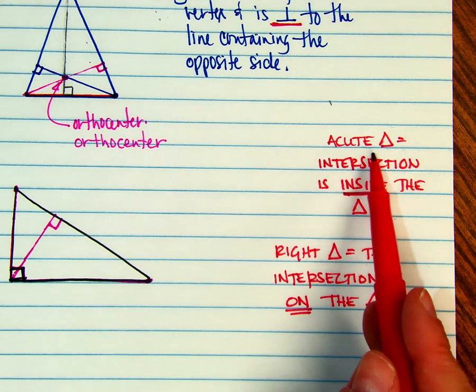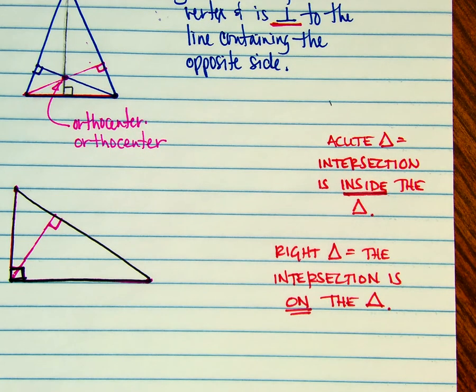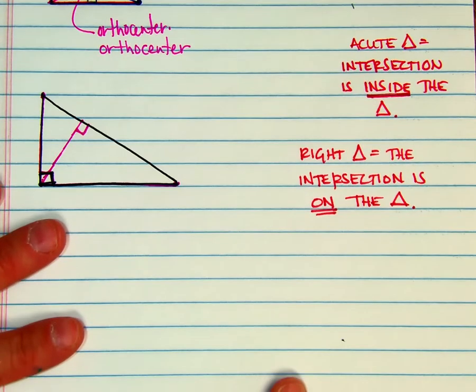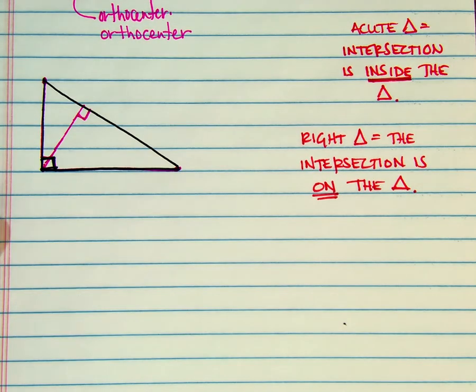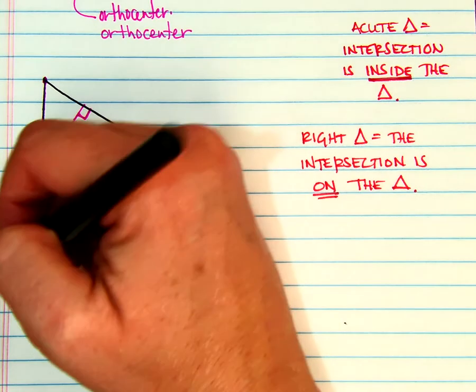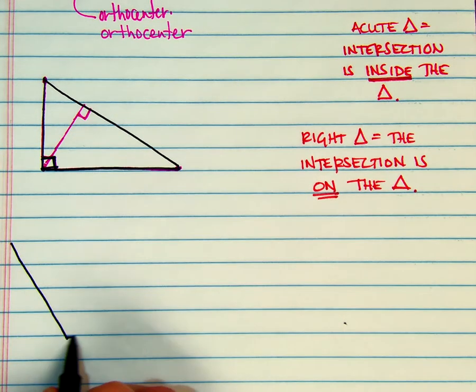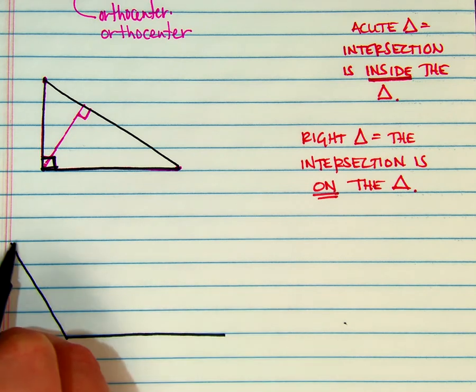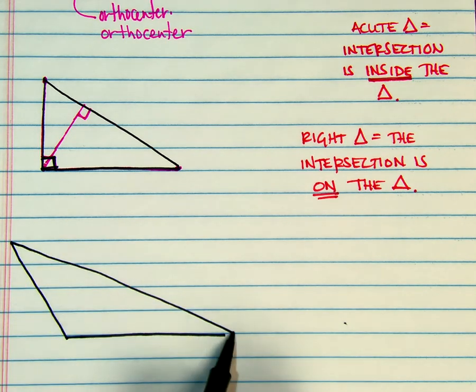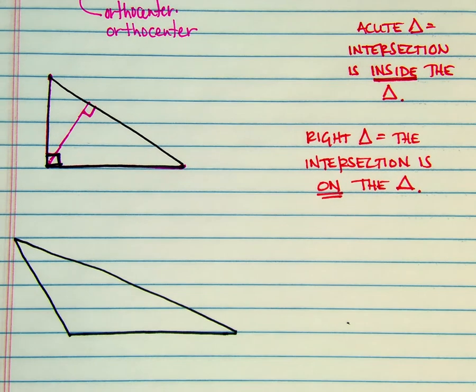So we have an acute, we have a right. Last one we're going to do is an obtuse. This is the one that people probably screw up the most. Okay, so I definitely have an obtuse. I have an angle that is greater than 90 degrees.